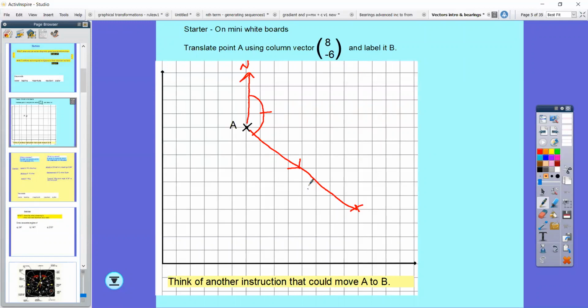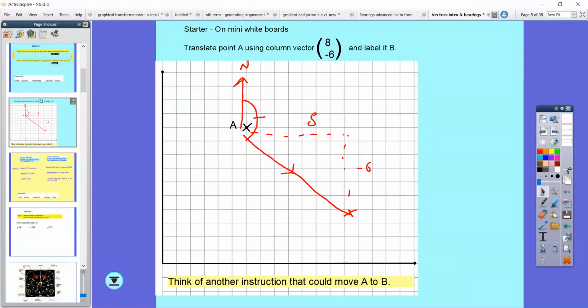The thing to bear in mind is that 8, minus 6 is the column vector, beg your pardon. That particular column vector moves 8 across to the right in the positive x direction and 6 in the negative y direction. We can move that around.